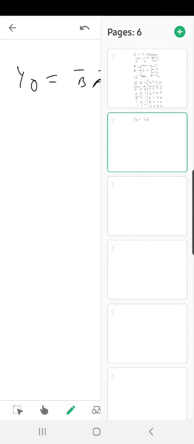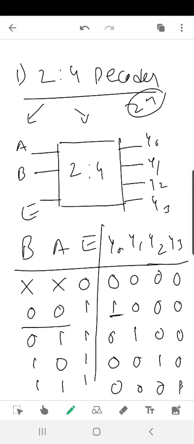Similarly, when we talk about y1, the output y1 is 1 when b is 0 and a is 1. A will be written in uncomplemented form and b will be written in complemented form. So the expression for y1 will become b bar a.